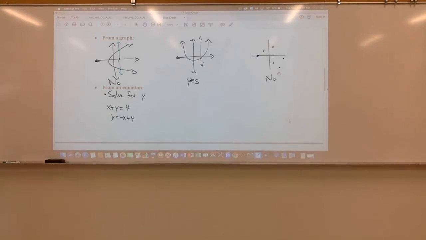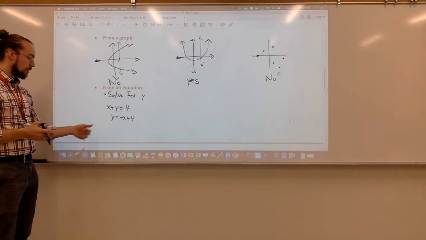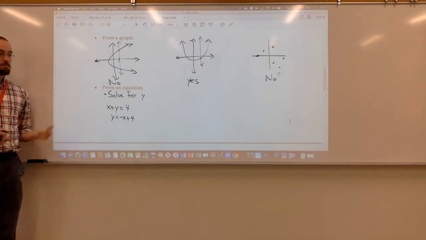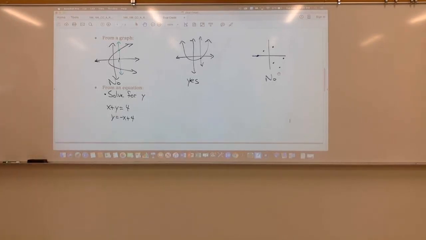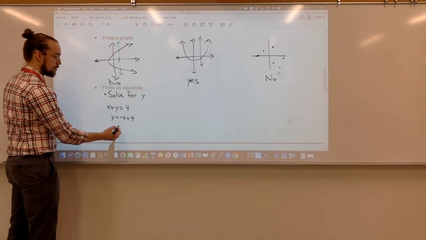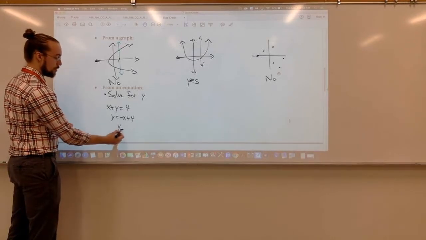Now, is there any possible way that if I put in some value for x, I get out multiple y values? If I put in 4, is there any way that I would get 2 different y values? Is that possible? No, it's not. So this would be an example of a function.